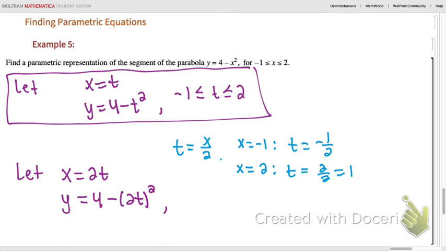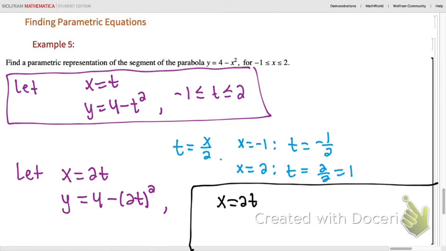So in black at the bottom, I'll write this second parameterization. We can do x equals 2t. You can see that y is going to be 4 minus 4t squared. But now t is going to range from -1/2 to +1, because when x is -1, that means t has to be -1/2.